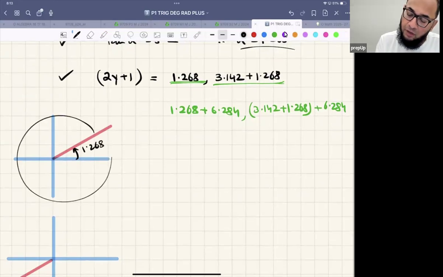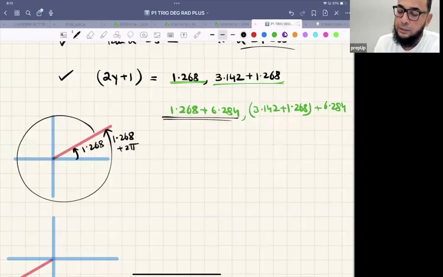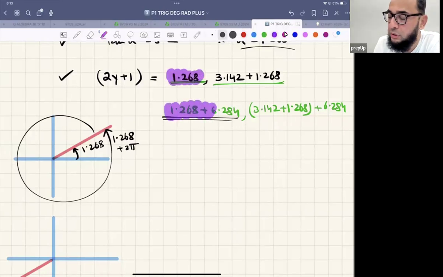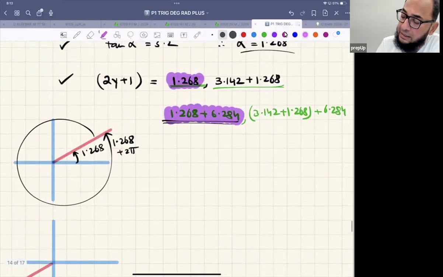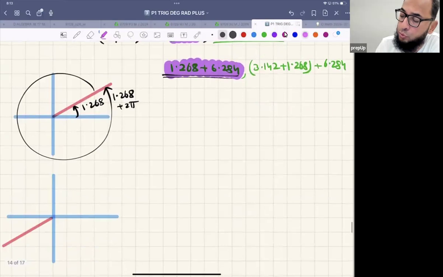And I'm going one more revolution this way, that is 1.268 plus 2 pi, that's this thing over here. So let me highlight this. So this purple one is 1.268 and then 1.268 plus 6.284. And then the pink one, that is 3.142 plus 1.268.